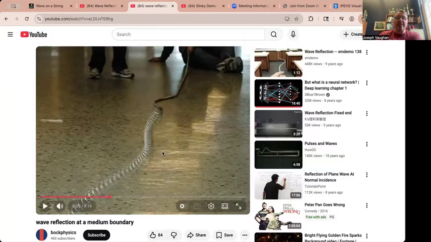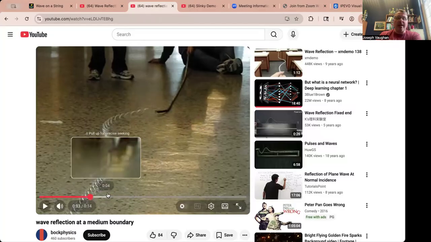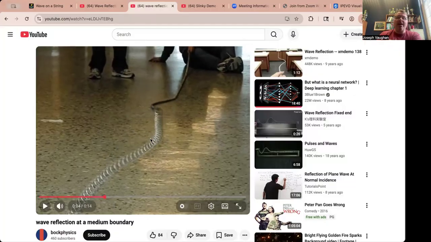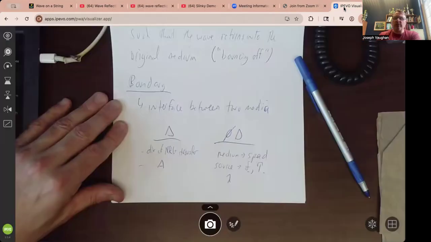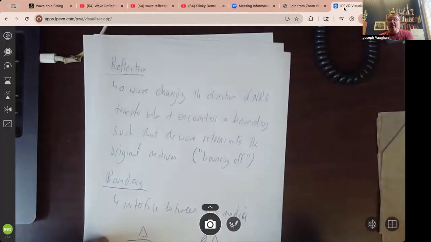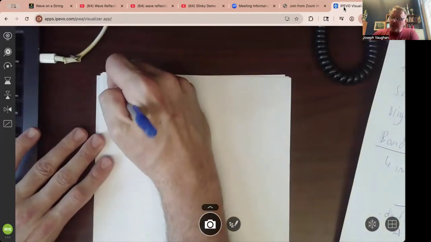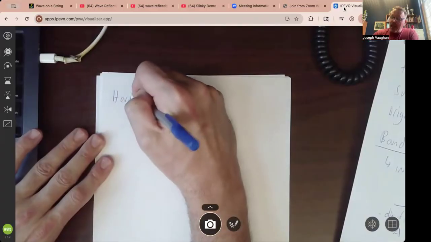So actually we can see that pretty clearly here. If I look at the amplitude of the wave here compared to the amplitude of the wave afterwards, it's pretty clearly smaller because we can see some of that energy got transferred into the new medium. Okay, so it's not that the amplitude being less is because energy is lost, but because some of that energy is transmitted.